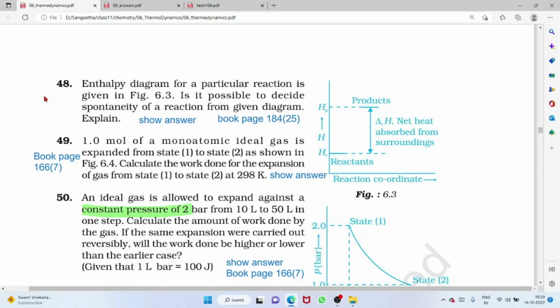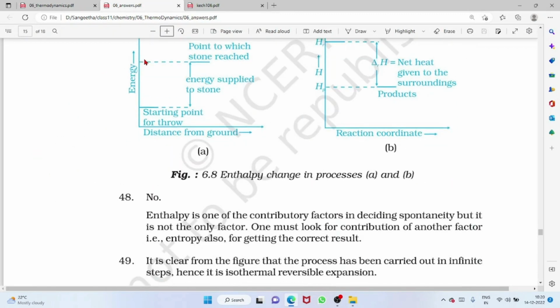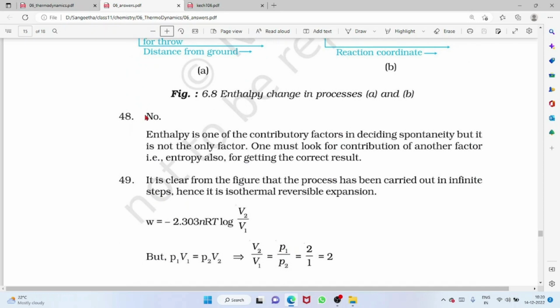An enthalpy diagram for a particular reaction is given here. Is it possible to decide the spontaneity of a reaction from the given diagram? No. Enthalpy is one of the contributing factors in deciding spontaneity.